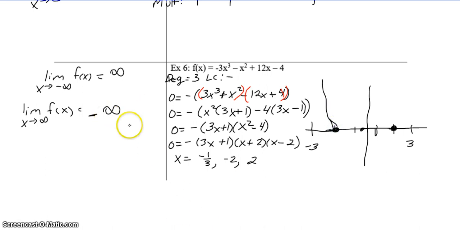Right hand behavior said towards negative infinity. Better redo that one. What happens in between? With the single multiplicities, they just do that. And try to draw a smoother curve than that. That's the basic idea. Alright. Get working on some of the practice and see what you can do with it.